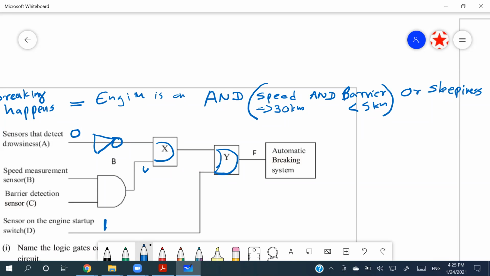So it is going to be engine is E, dot speed is S, dot barrier is B, then plus sleepiness or the drowsiness, plus D. Right? That's how it's going to happen.